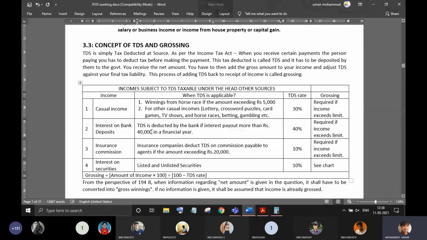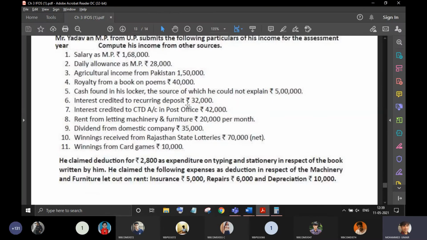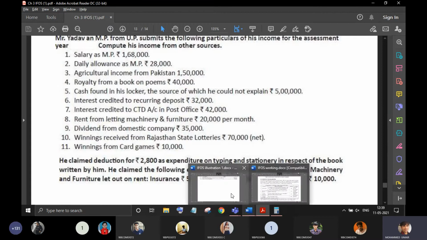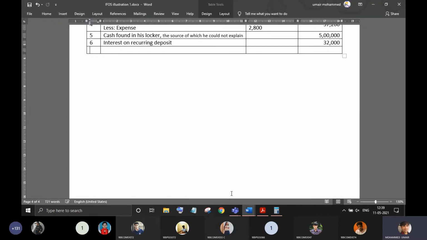If it exceeds 40,000, then 10% TDS is applicable. But here the interest earned by him is only 32,000. So this is not applicable, so we write the full amount. So no grossing is required.